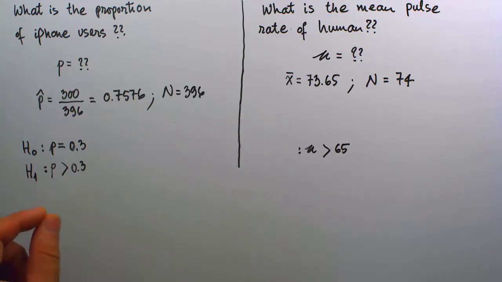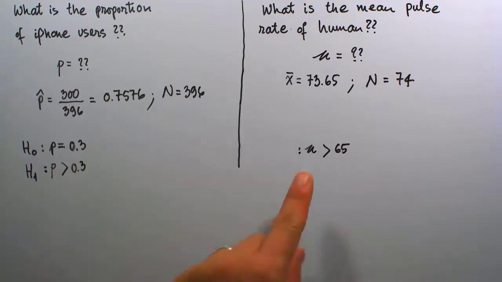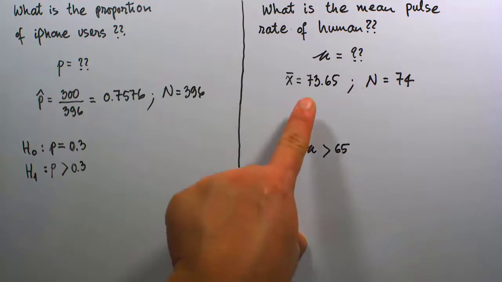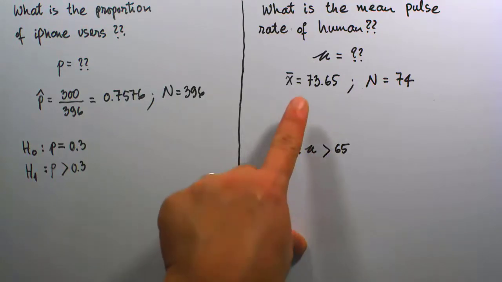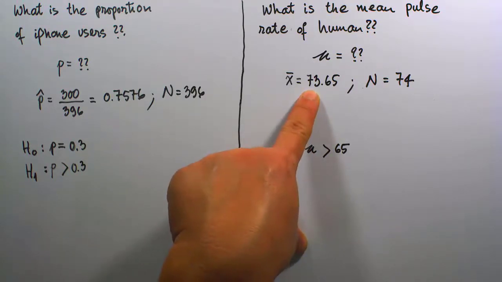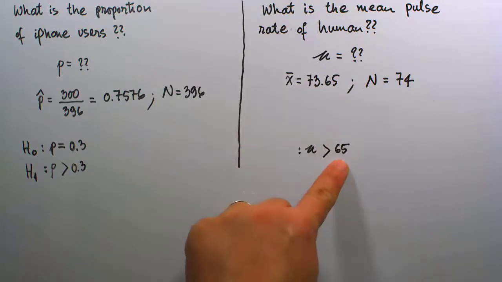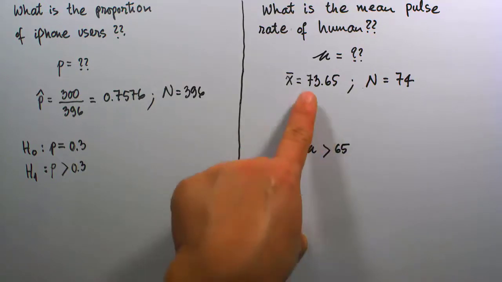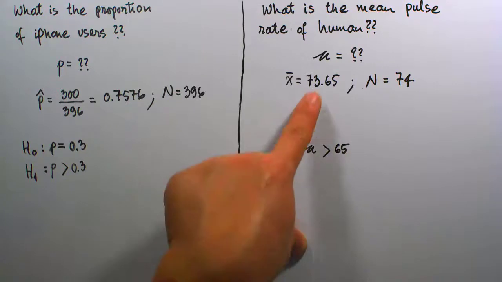Here the logical flow is that after we observed our sample, we compare to somebody's claim, and now we try to make some generality from our sample.